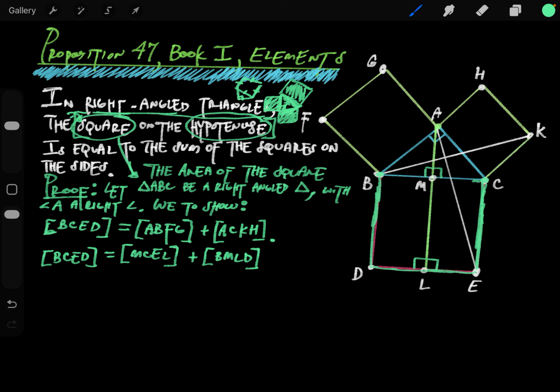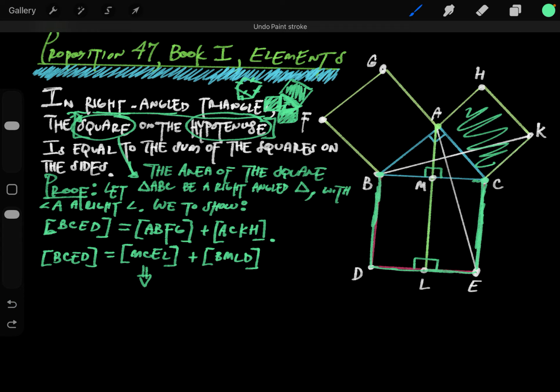And now if I'm able to show that this MCLD is this square, ACHK, then this one would be this one. And then I'm going to show that this one is this one, and then I'm done.